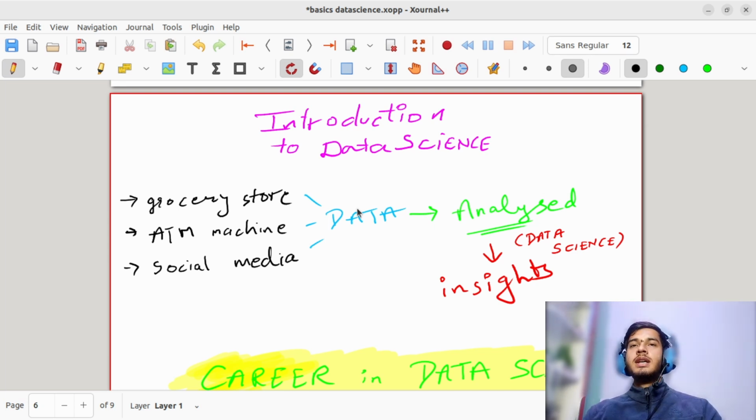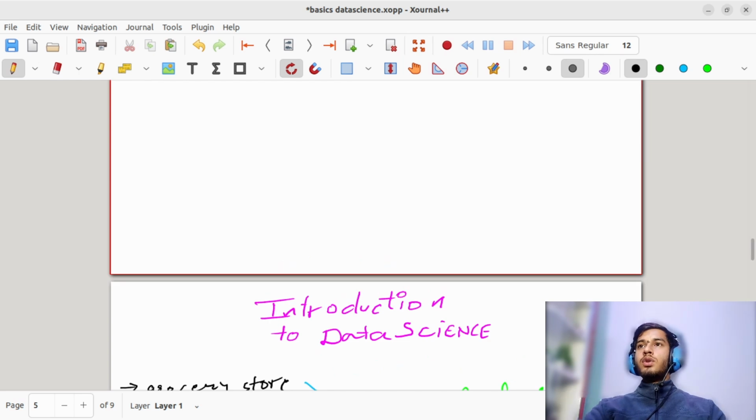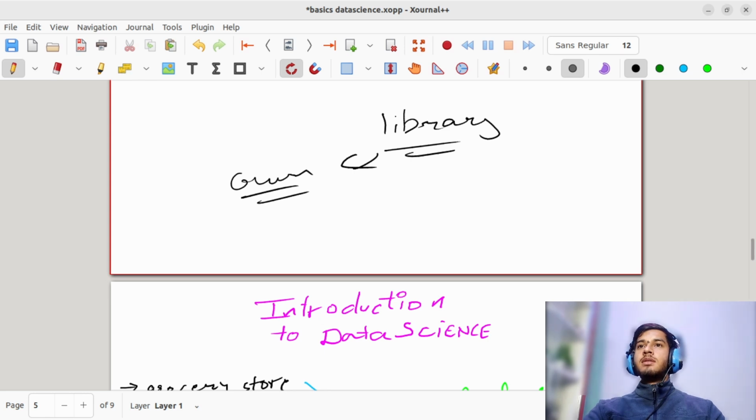Good question. We use a library to reduce our coding time. If I did not use the library, it would take me a huge amount of time to write that code on my own. You may think of that code as a template.